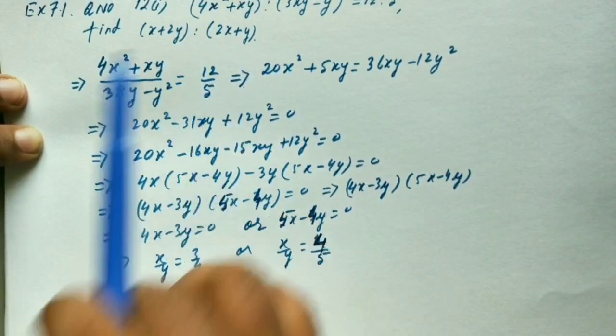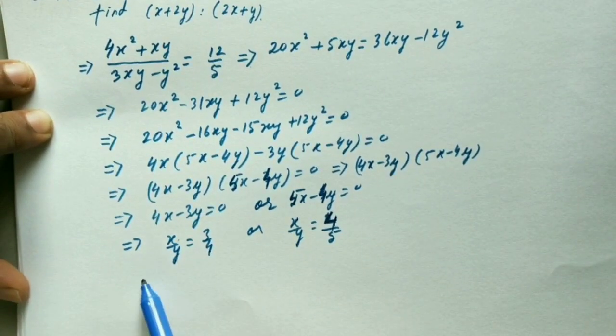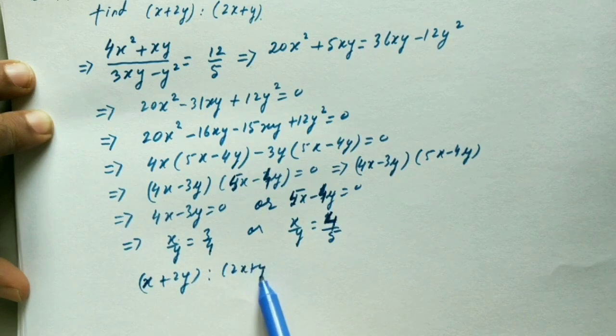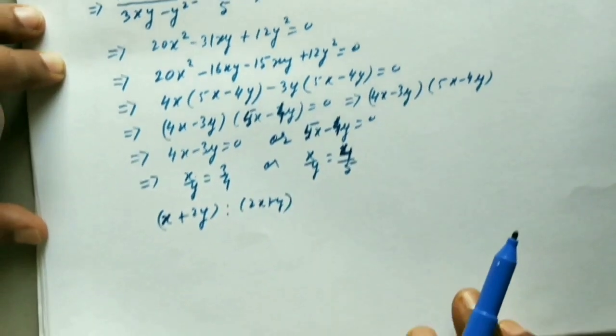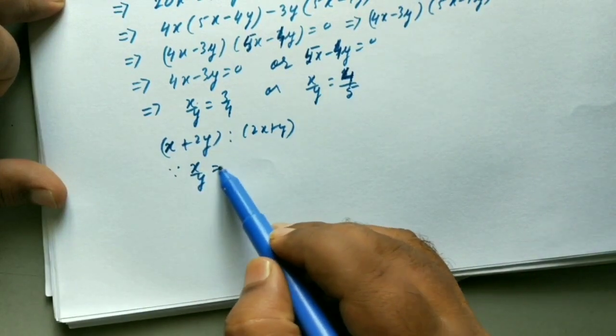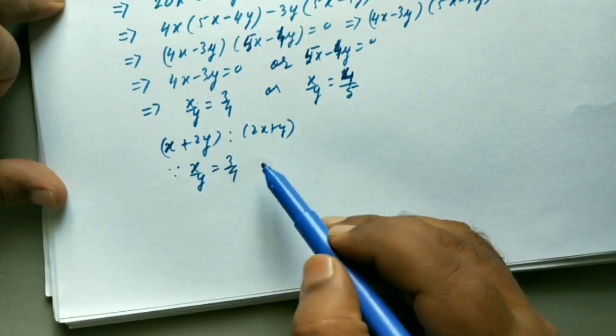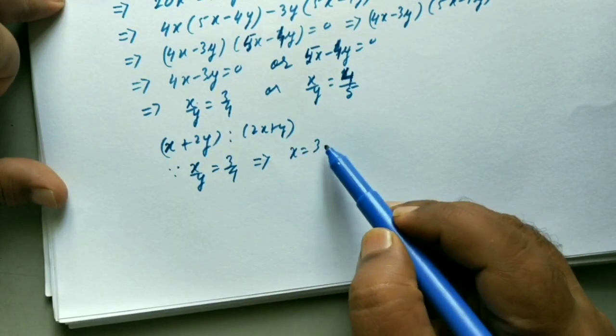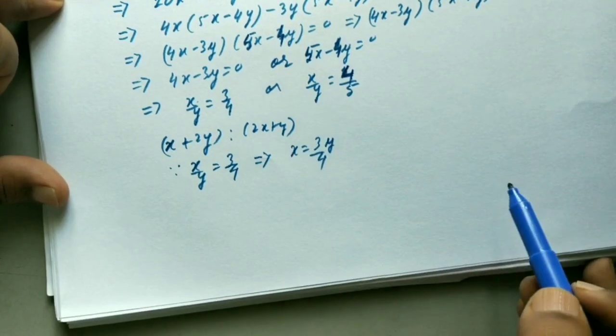Now we need to find (x plus 2y) by (2x plus y). Since x by y is equal to 3 by 4, I'll take this one. I can write x is equal to 3y by 4.